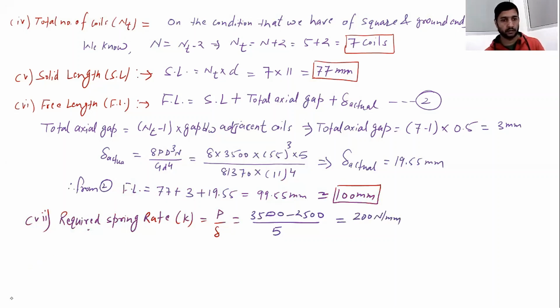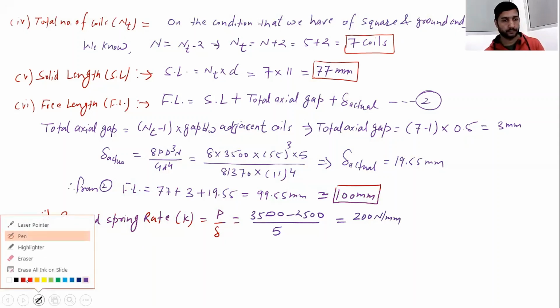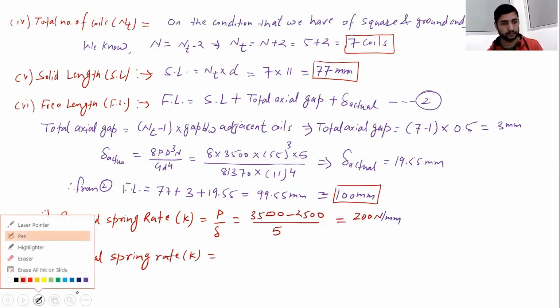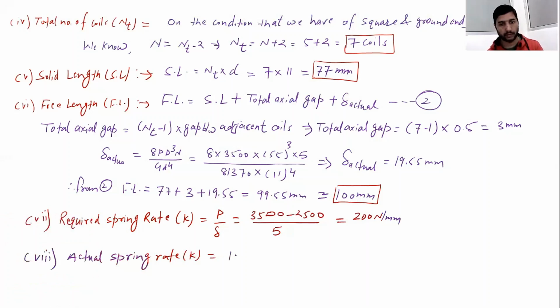And the last that we have is actual spring rate. So in actual spring rate, the formula will remain the same. Small k will be equal to force per unit deflection, but the deflection we have to take here is the actual deflection that we found, or you can also say deflection will be 8 PD cube n upon GD4.